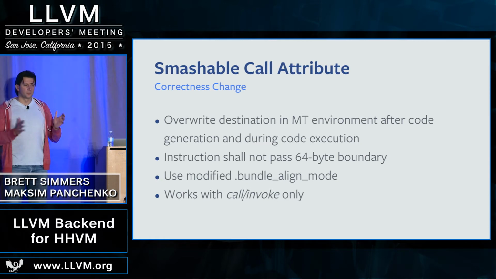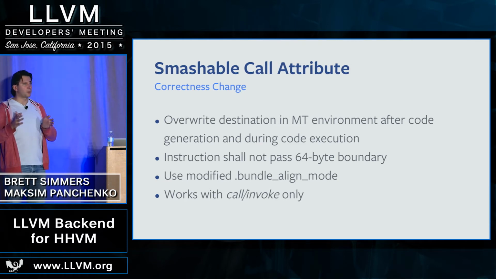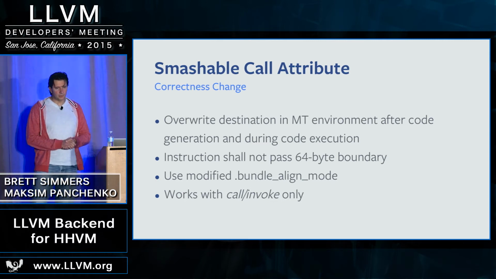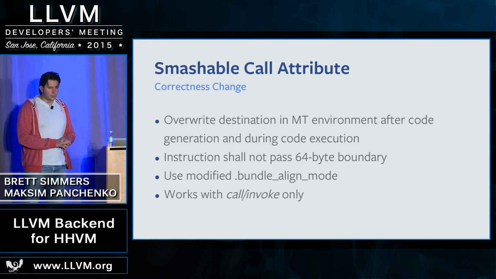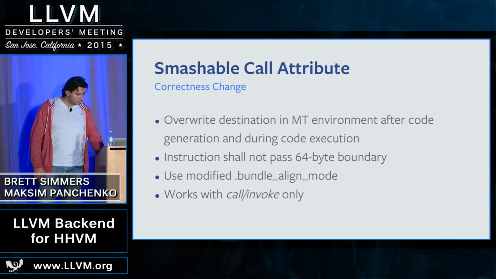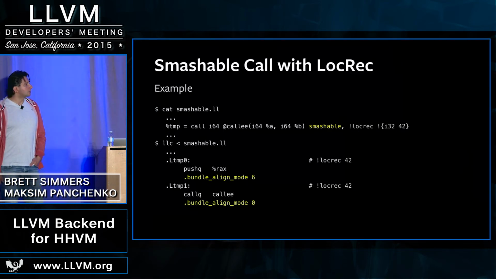And this made sure that if the instruction was crossing the 64-byte boundary, we will prepend it with nops and the problem will be solved. The smashable call attribute was introduced. It only works with call and invoke instructions. And this is the same test case. As you can see, the same call instruction now is surrounded by bundle line mode directives.